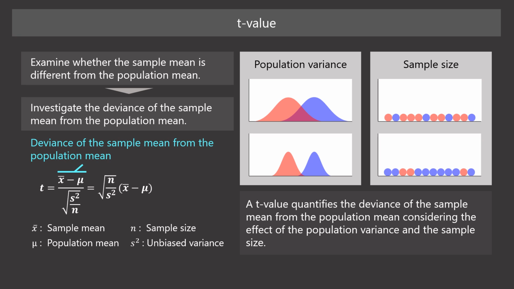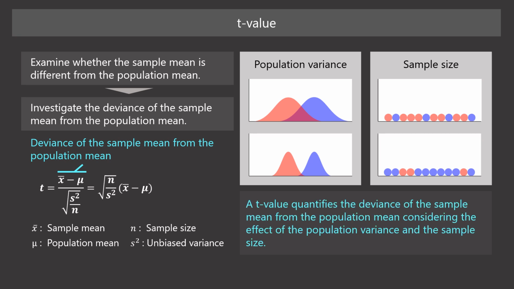As we can see in these figures, as the sample size grows, the sample is more representative of the population, and thus the deviance of the sample mean from the population mean is likely to be smaller. So, if the absolute value of the deviance is equal, it is reasonable to regard the deviance as large when the sample size is large.